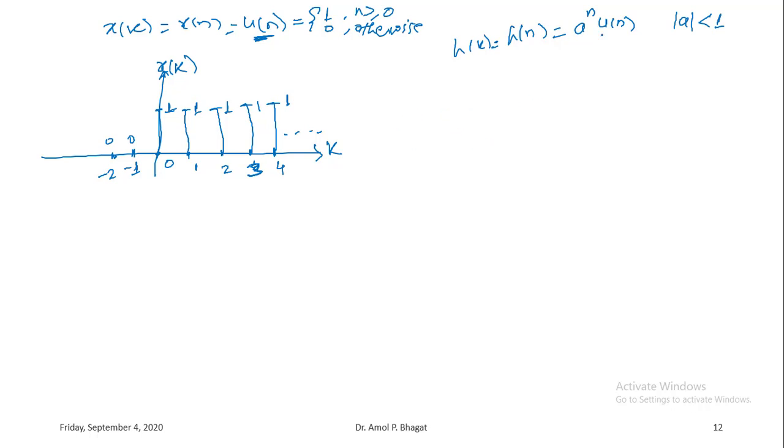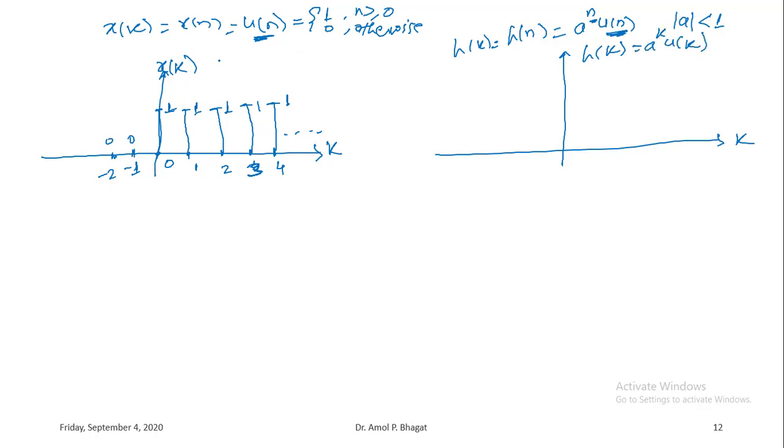Again it is multiplied with u of n, which means it will exist only for positive values of n. If you substitute any negative value of n, then u of that negative value will be 0, so the complete sequence will be 0. So you will plot it for only positive values of k in this case. Here you are plotting h of k, which is nothing but a to the power k u of k.